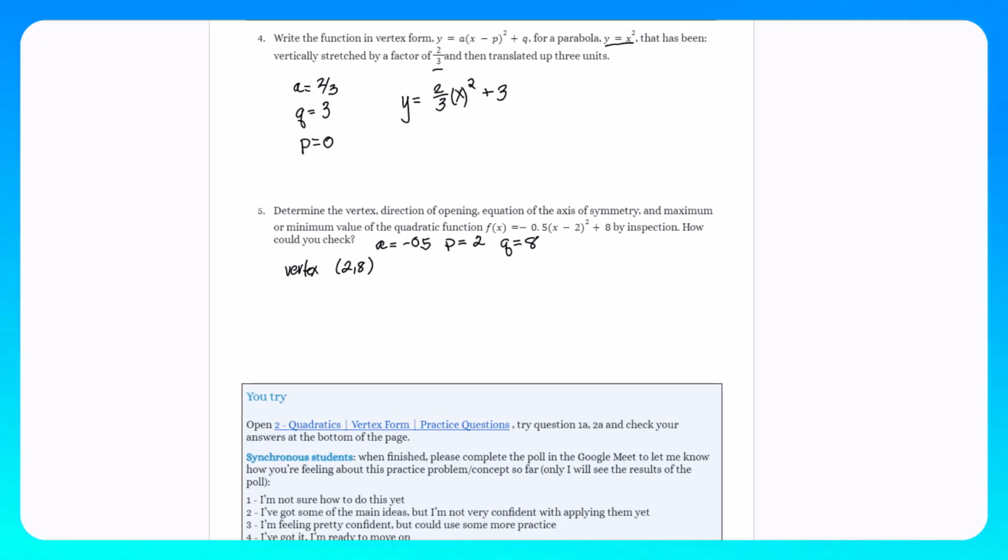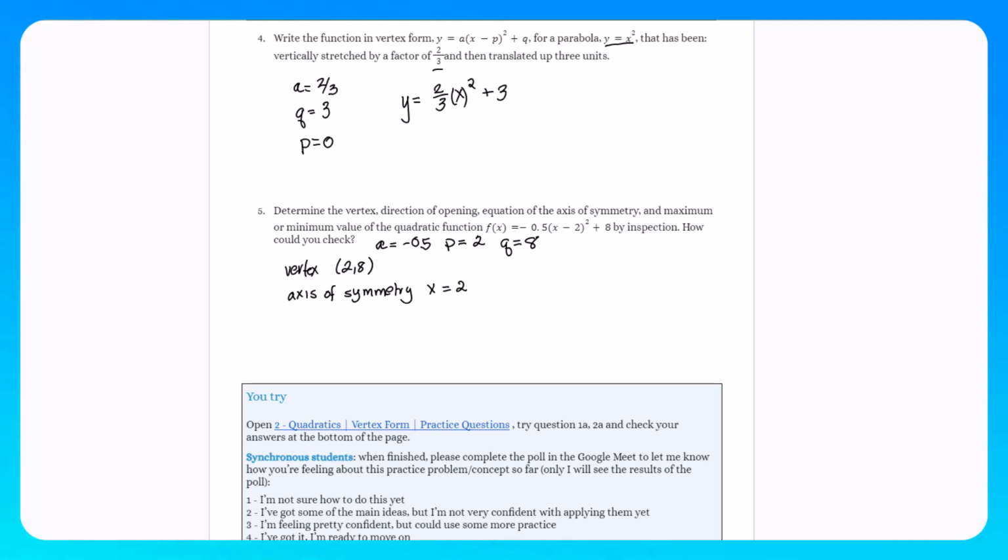It means the axis of symmetry comes from the p-value, and that means that's x equal to 2. Remember that the maximum value or minimum value comes from the y value, but we need to look at a.